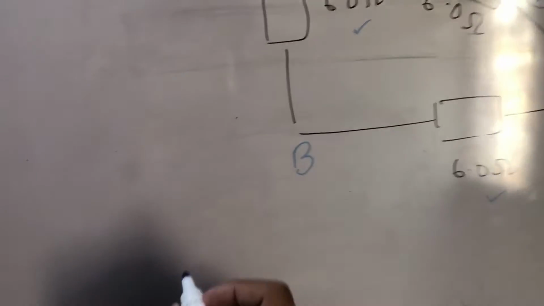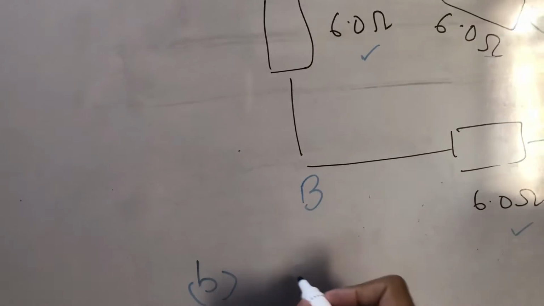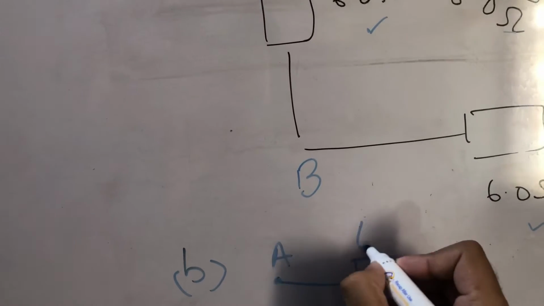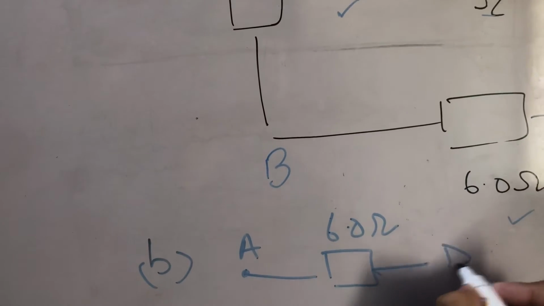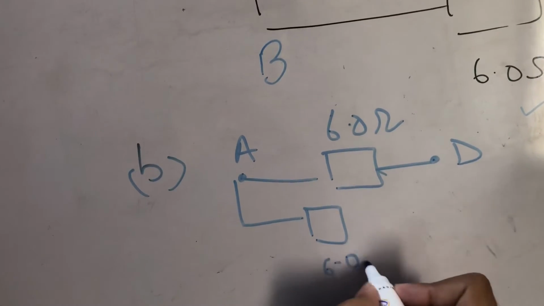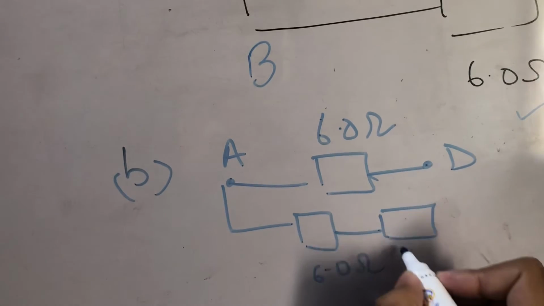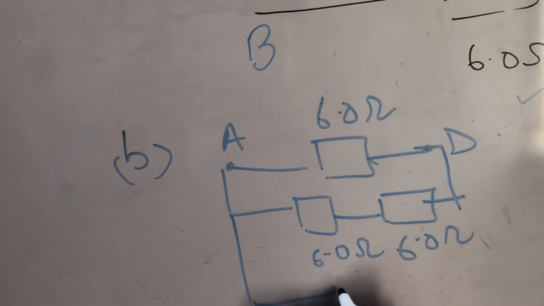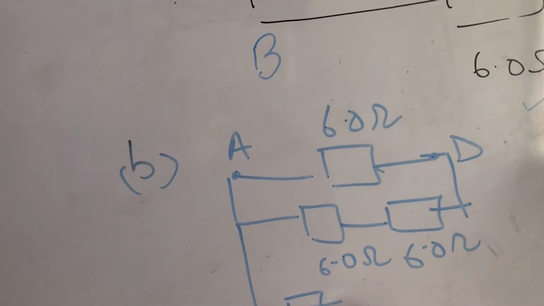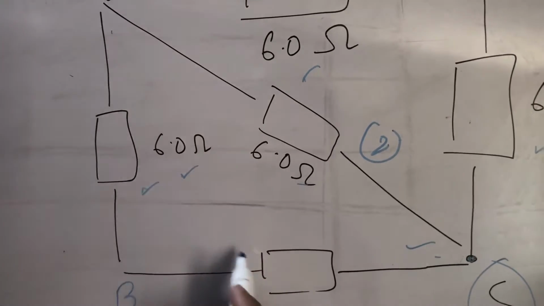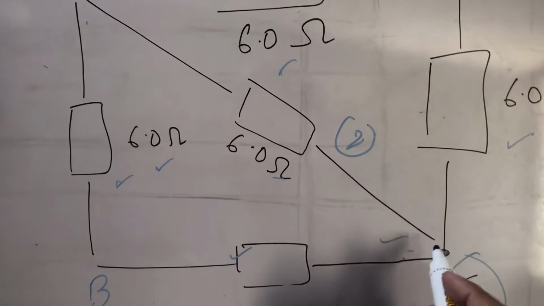If I draw the series between A and D, it is simple: A going directly to D. I am writing it over here, going to D, or it can be two resistors, or it can be, now if I look at it in the diagram, I will come to know that if I am going from here, this is connecting to this terminal.